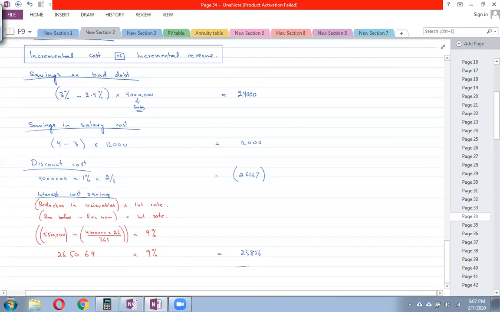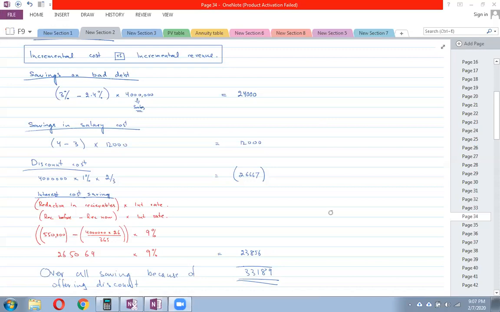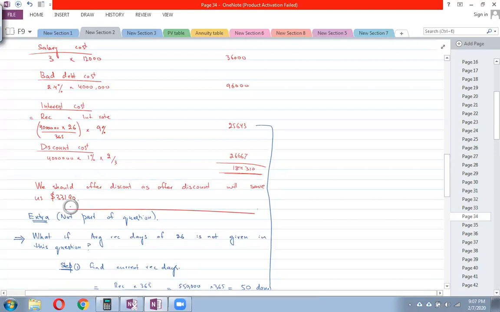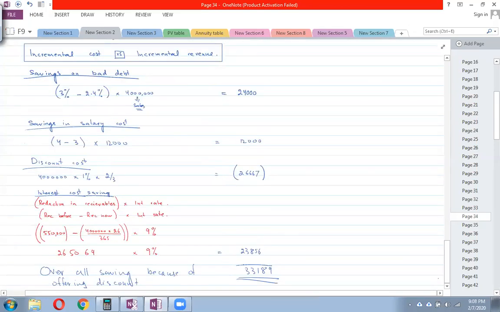So how much is our overall saving? 33,189. And that's what we calculated before as well. You see here, 33,189 or 190. Is just a $1 difference, right?